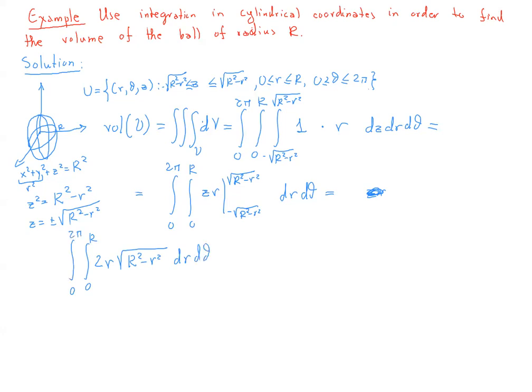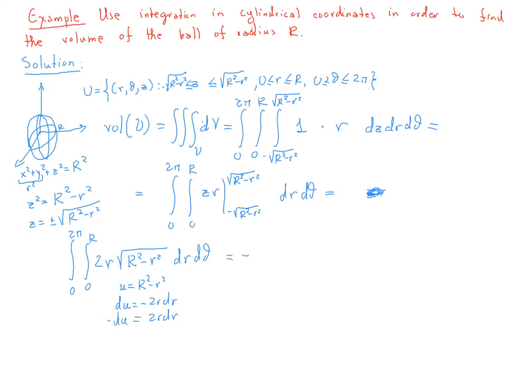This integral obviously at this point splits, but no need to do anything here. Let's just do a substitution, which is rather instructive. So we're going to take u to be uppercase R squared minus lowercase r squared, and du is going to be minus 2r dr, and r dr, or 2r dr, which is what we have, is going to be minus du, right? So what are we going to have?